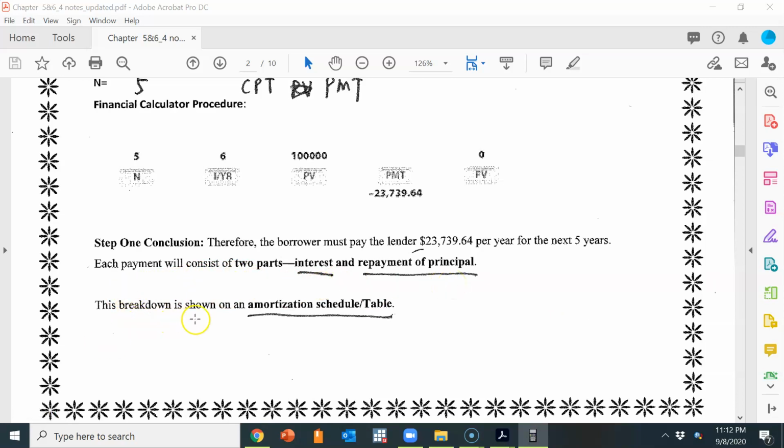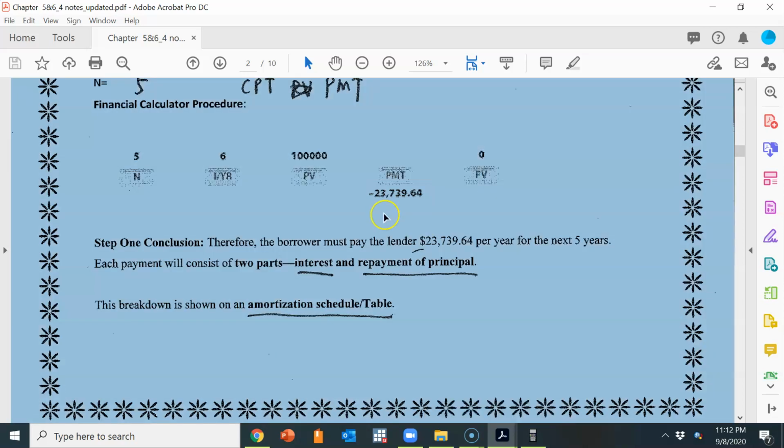The breakdown is going to be shown on an amortization schedule or amortization table. So this 23,739 is the total amount you're going to be paying at the end of each year for the next 5 years. But this amount consists of two parts. You're paying back the principal, and you're also paying the interest.